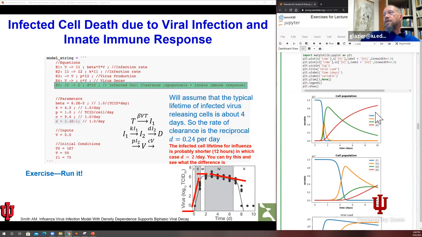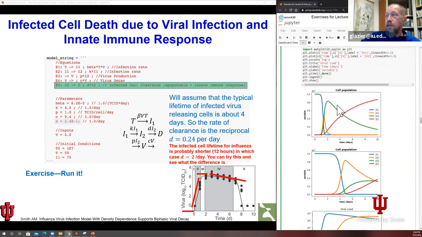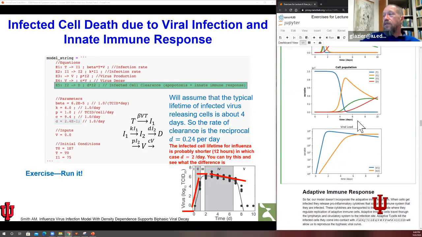And so instead of the number of I2 cells gumming up and staying high, I now have the die-off of the infected cells and their replacement by the dead cells. If I look at the viral load curve here in blue, what I see is a peak followed by this slow decay. And that's what we were looking for in doing this.